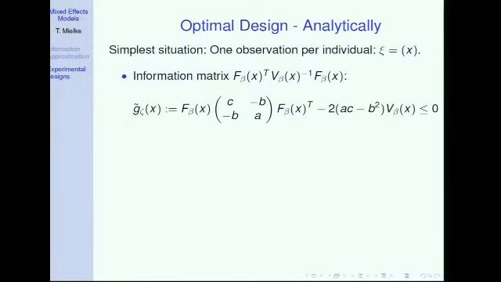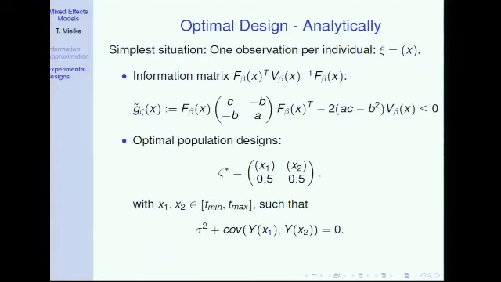A quadratic polynomial has at maximum one maximum or one minimum. So there can be just 2 design points, or the sensitivity function is equal to 0 on the entire design space. That's the other possibility.